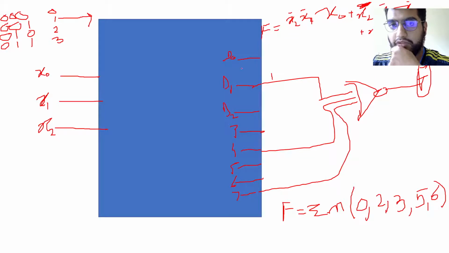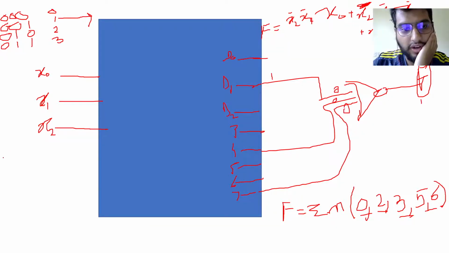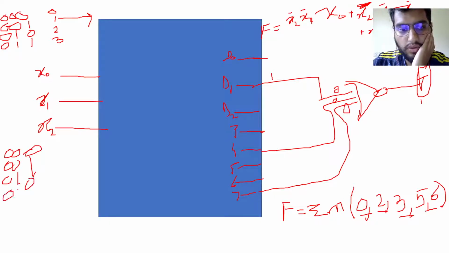But f will be equal to 1 for the rest of the minterm combinations 0, 2, 3, 5 and 6. Let's say our input combination was 0, 0, 0. This line would have been selected, but it's not connected to f, so all of these would have been 0, but our f will be 1. So we can draw our truth table like this: 0, 0, 0, 0, 0, 1, 0, 1, 0, 0, 1, 1, 1, 0, 0, 1, 0, 1, 1, 1, 0 and 1, 1, 1.